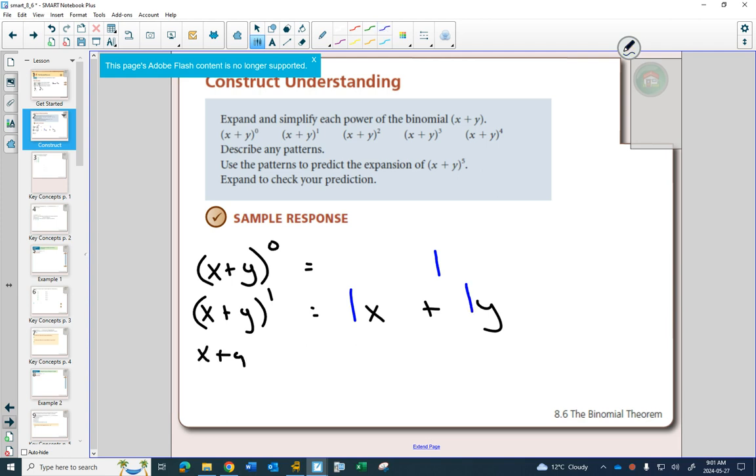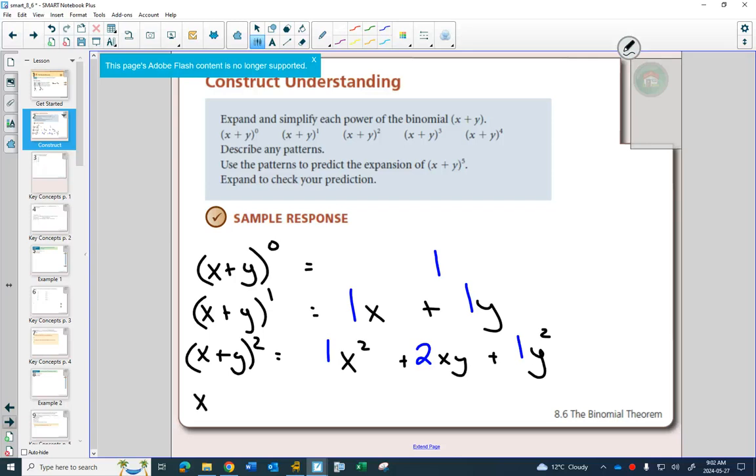If you do x plus y squared, you would get x squared plus 2xy plus y squared, and technically you could put 1's in front of the x squared and y squared. Do you see what's sort of happening with the blue numbers?